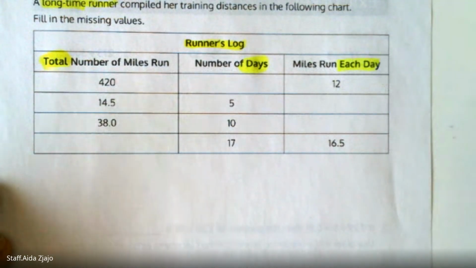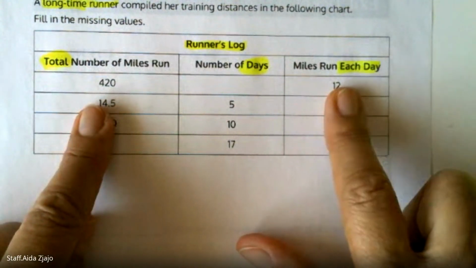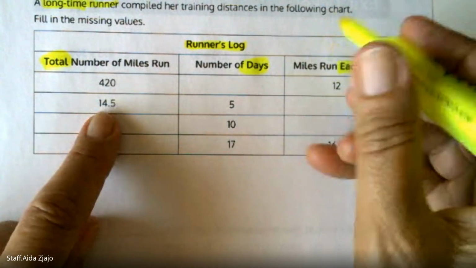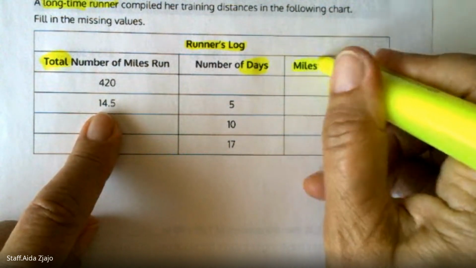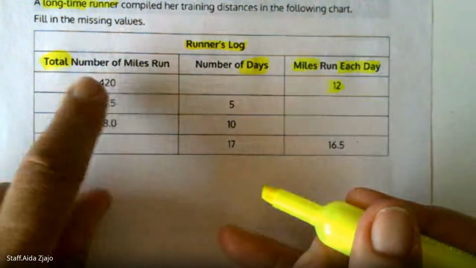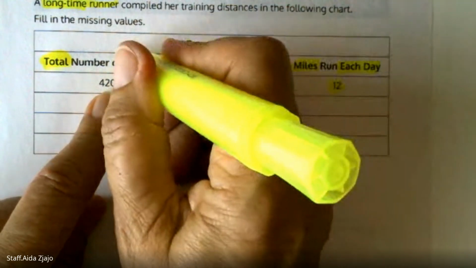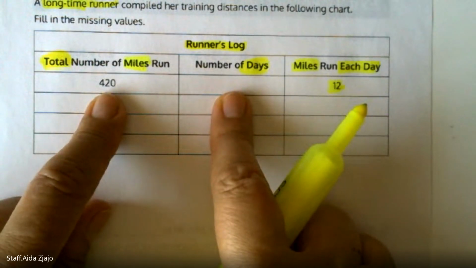When you look at this information, they run 12 miles each day, and the total was 420 miles, but we don't know how many days that is.